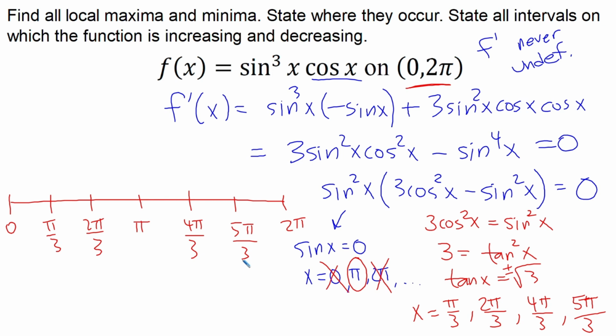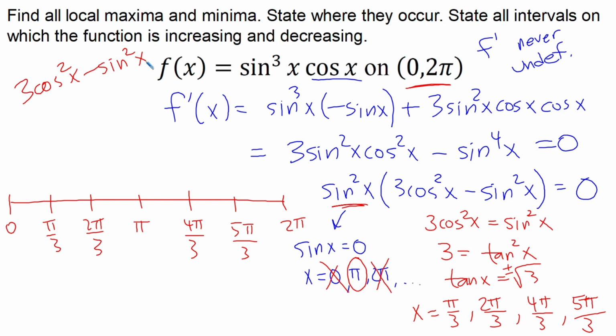So if I pick something in the first quadrant, between 0 and pi over 3, sine is always positive. And sine squared is always positive. So I'm just going to ignore this anyway. Sine of any angle squared is going to be a positive value. So really all I care about is whether 3 cosine squared x minus sine squared x is equal to a positive or a negative value.